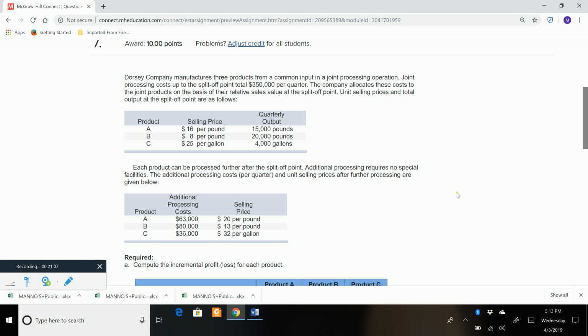Unit selling prices and total output at the split-off point are as follows. Now remember what the split-off point is. The split-off point is the point where we can actually sell a product. All right, we've processed up to a certain point and we can sell a product if we wanted to.